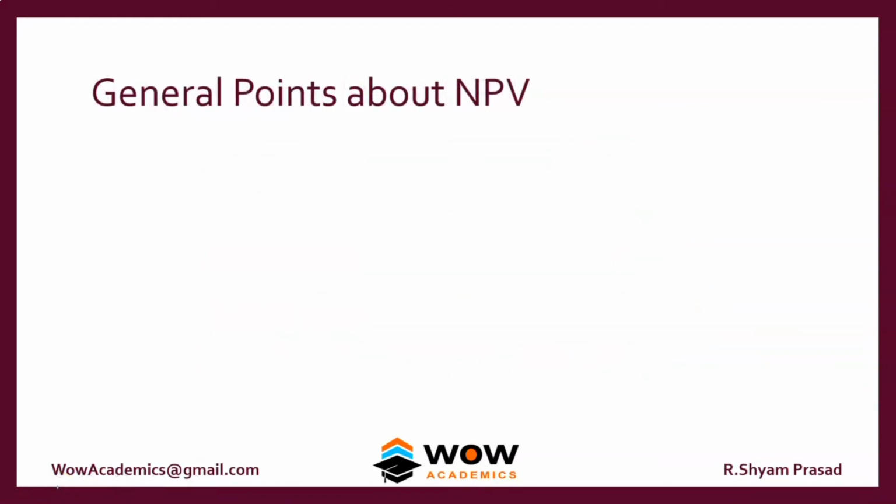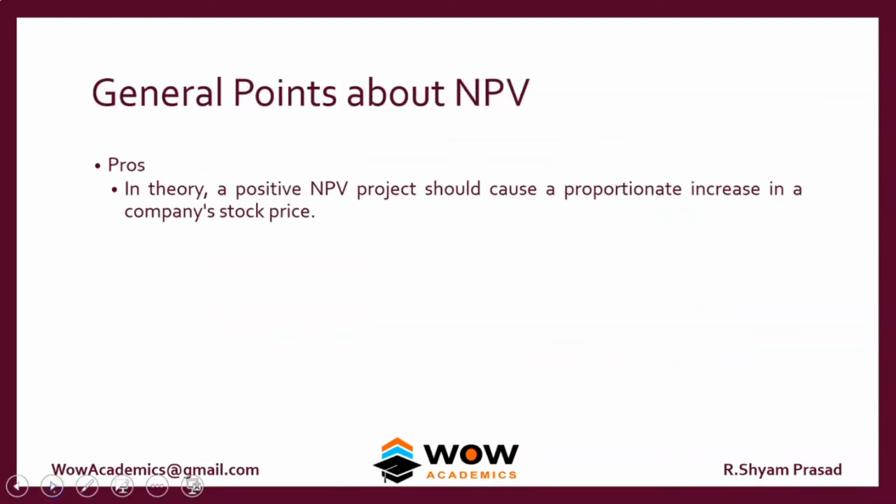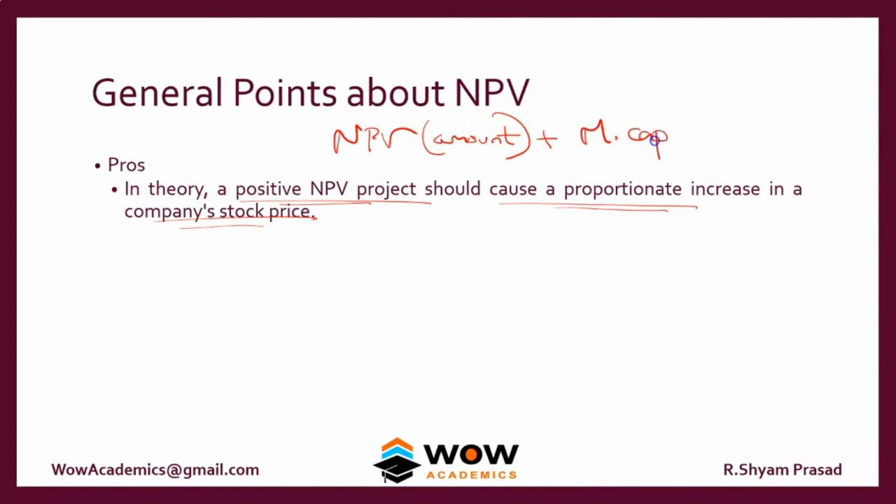So we'll see some general points about NPV. The good thing about NPV is a positive NPV should cause a proportionate increase in a company's share price. How come? Because NPV is an amount, and there is already a market capitalization. So whatever NPV you had, it gets added to the market cap, and that will create a new market cap.